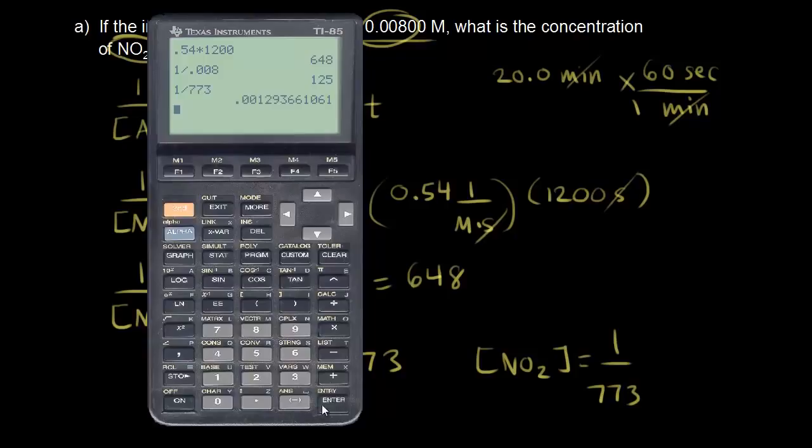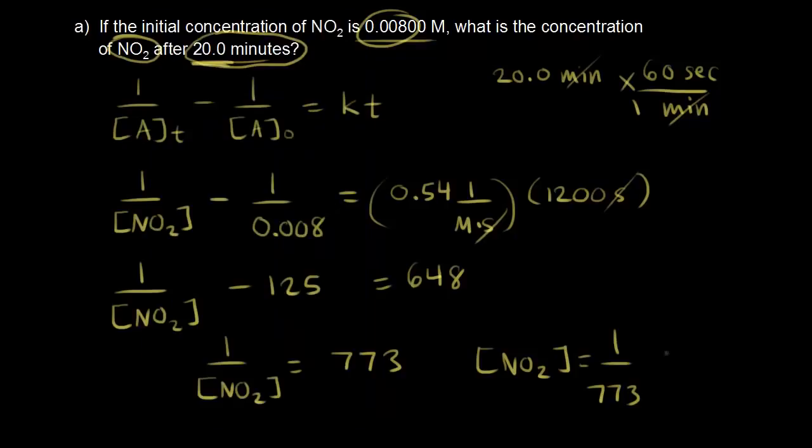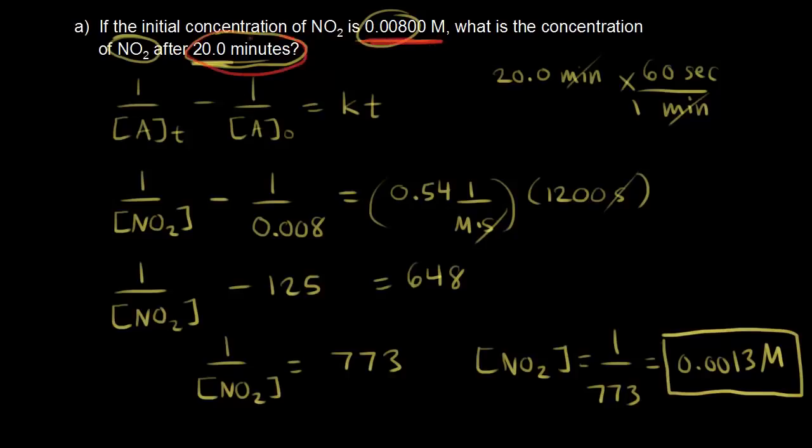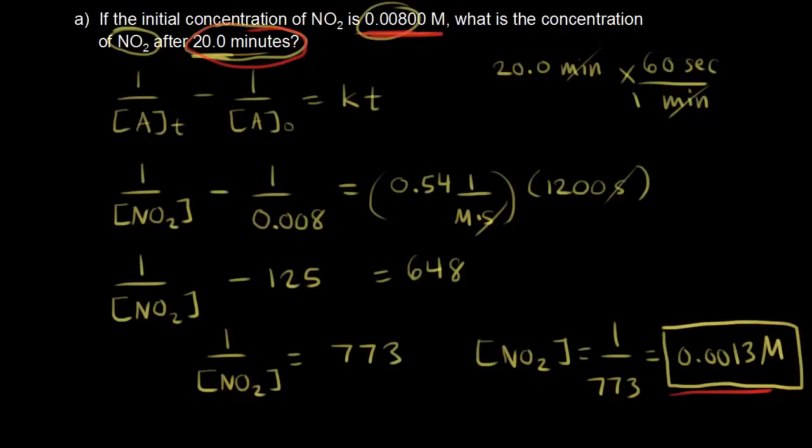And so the concentration would be 0.0013 molar. So if you start with a concentration of 0.008 molar, the concentration after 20 minutes goes down to 0.0013 molar. All right, let's move on to part B.